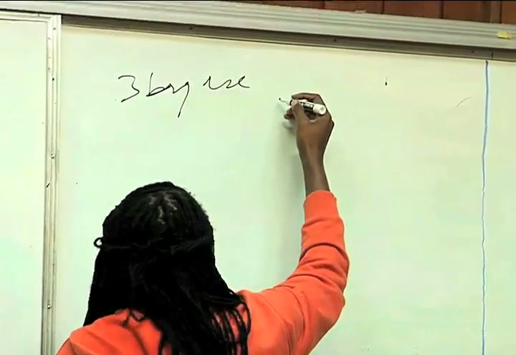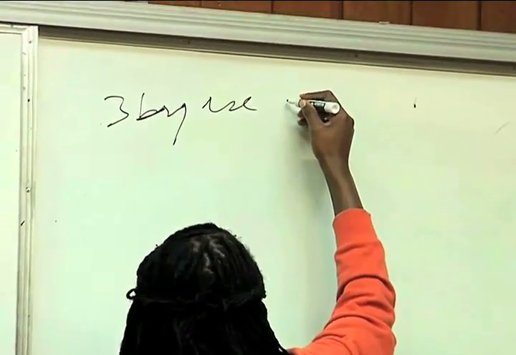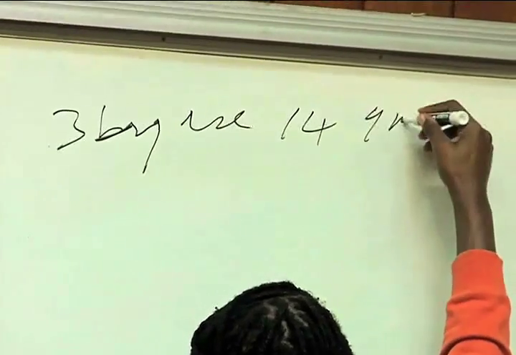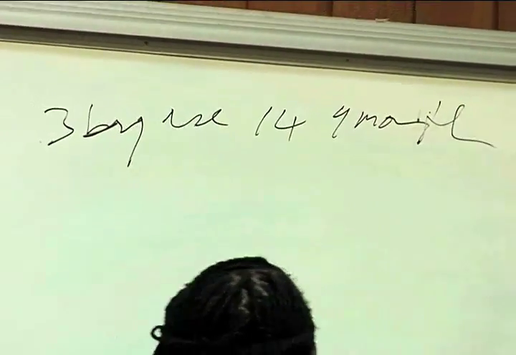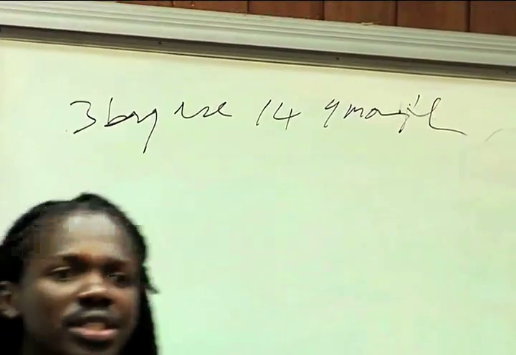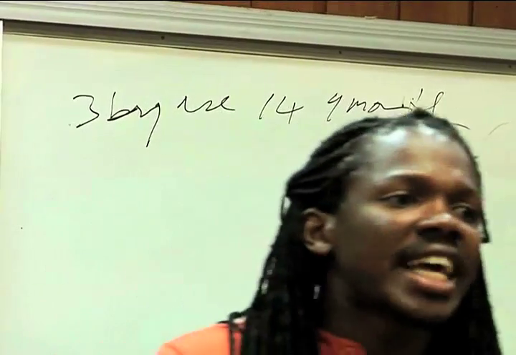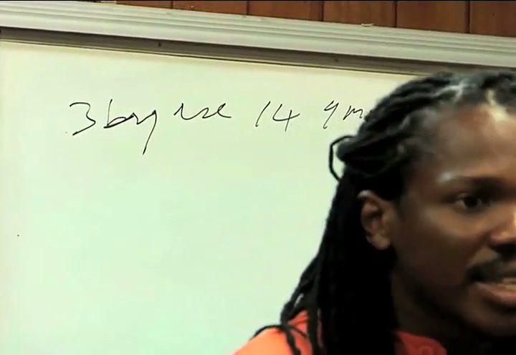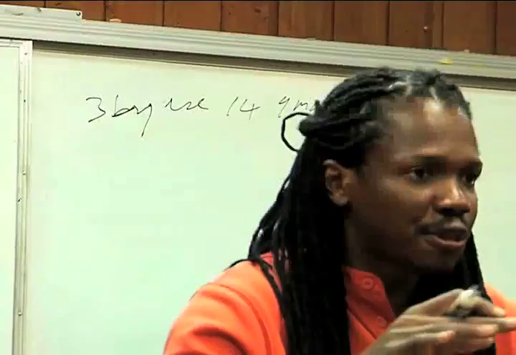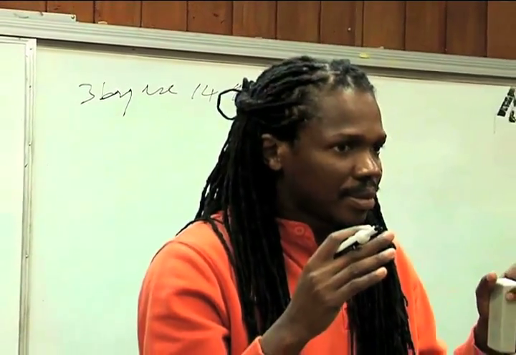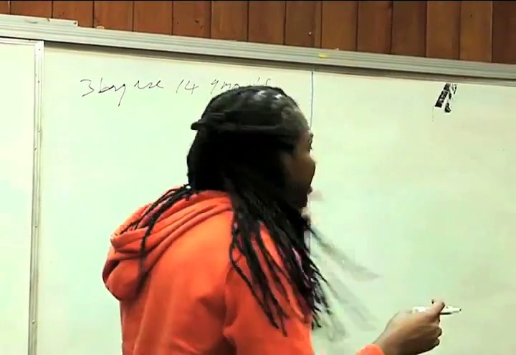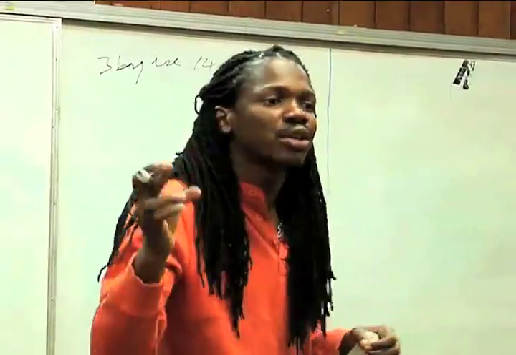So if a man tells you that you have 3 boys that are 14 years and 9 months, the first thing I want you to do when you have years and months or hours and seconds, anytime you don't have something that is the same unit, is to transfer it to one thing. Now 14 years and 9 months is 2 different variables, month and year.